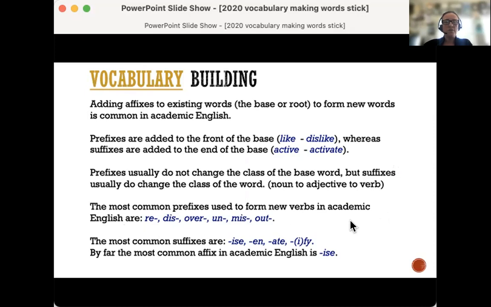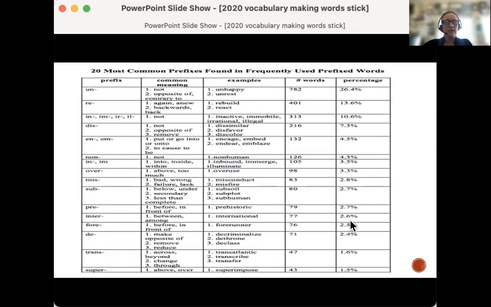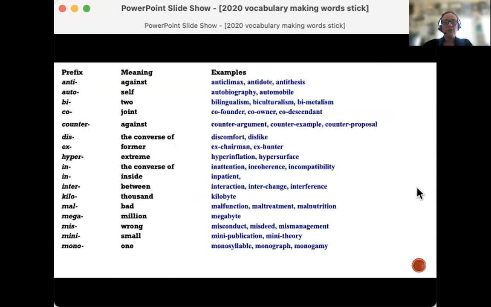Again, if you know some basic parts of words, then it'll help you with the meaning. This is a list, and I'm not really going over it, but it tells us that some prefixes will be handier than others. Like UN: 26% of words with prefixes will have the UN, which I don't think is really helpful for us in this context, but it proves the point that some are more common than others.